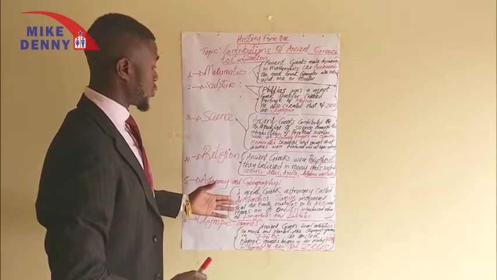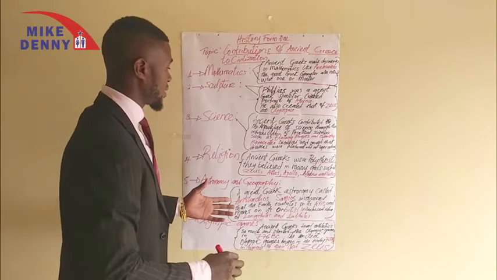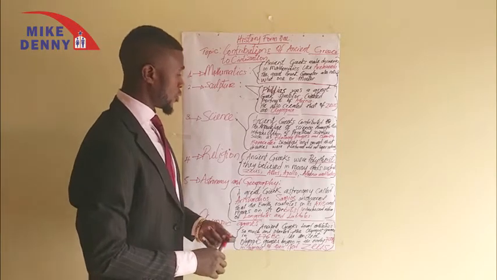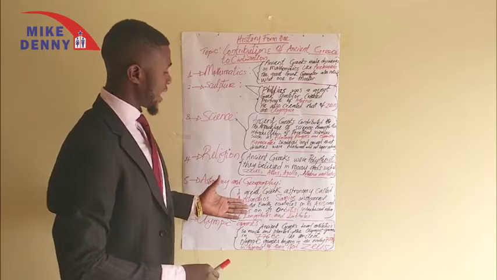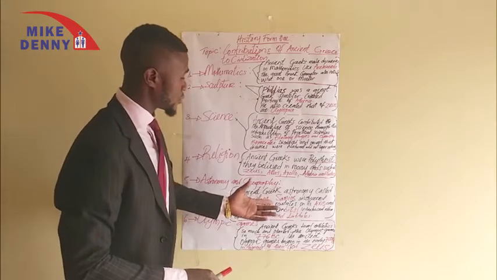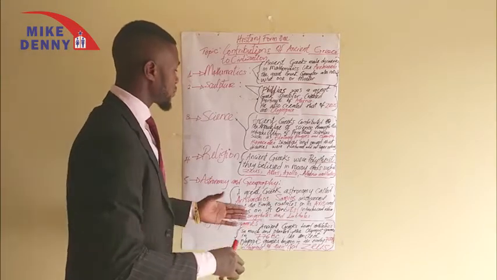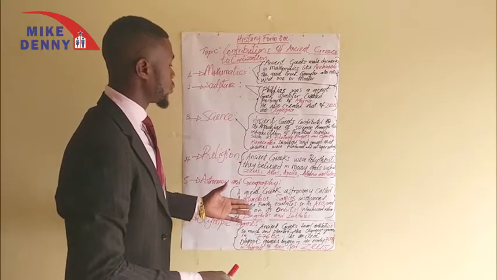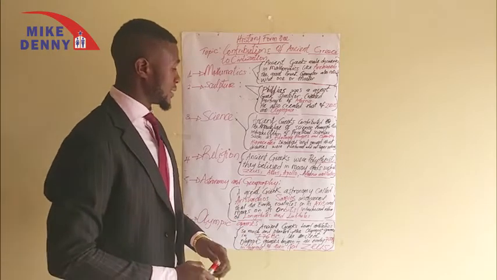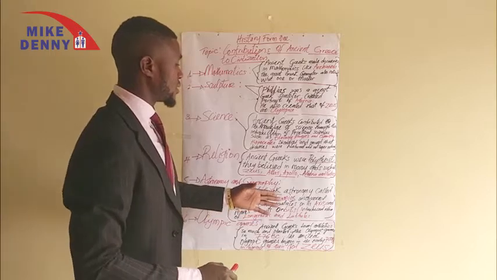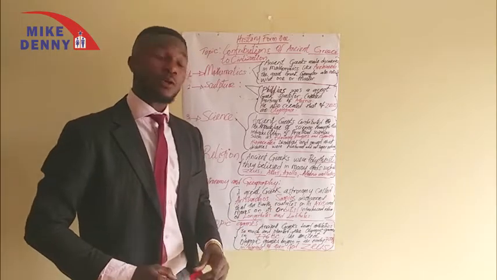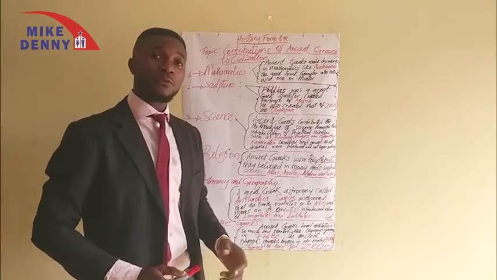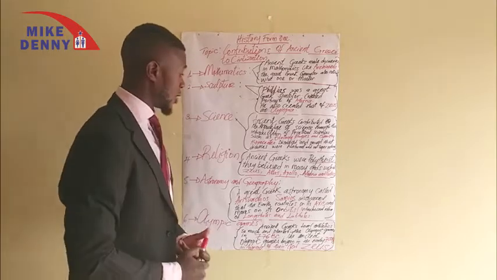We are going to look at an ancient Greek astronomer known as Aristarchus of Samos. He let the people know that the world rotates on its axis and revolves on its orbit.